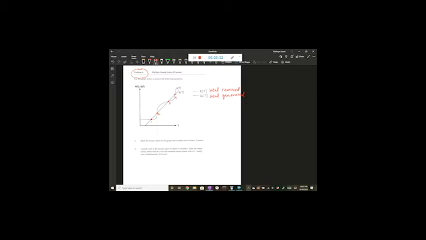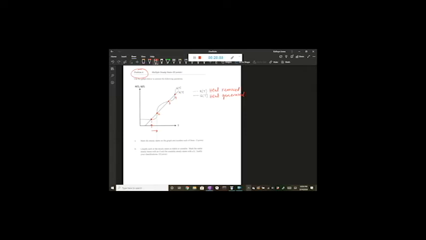Now, how to identify if it is stable or unstable? For doing that, at each one of these points, so let's look at point 1, what we do is we're going to look at a point just slightly increased in temperature, so just slightly more along this axis.